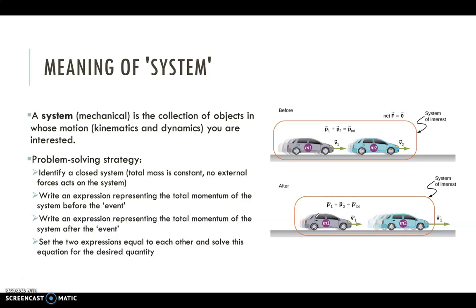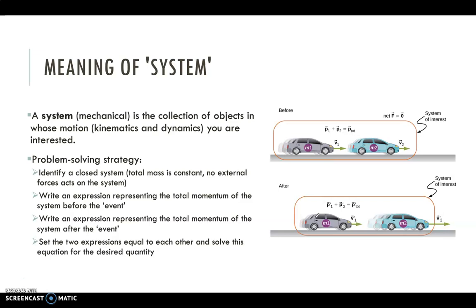Now we're going to go ahead and quickly draw out a problem-solving strategy for these problems. First, identify a closed system. Remember that our total mass needs to be constant, and no external forces act on this system. Then write an expression representing the total momentum of the system before the event.